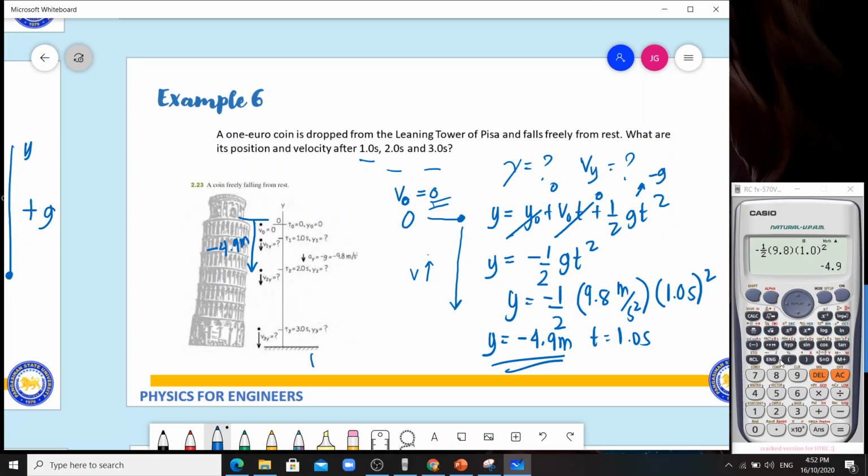Okay. So what is our y at 2 seconds? Negative 1/2 times 9.8 times 2.0 seconds squared. We just replace t with 2. That is negative 19.6, so y equals negative 19.6 meters. Now let's look, it has 2 significant figures, so this should be negative 20 meters. Okay?